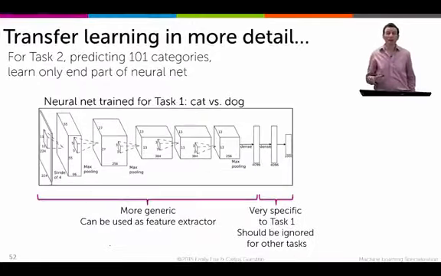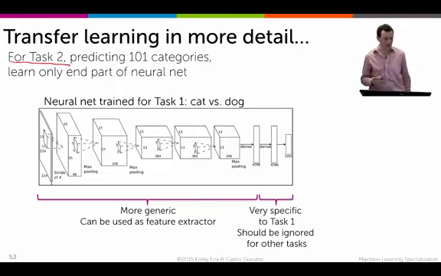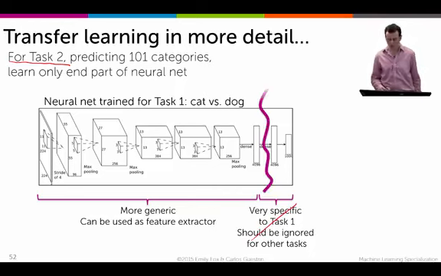So let's talk about how we can deal with the second task, 101 categories. We learn a deep neural network for cat versus dog. Can we apply it for task 2? Now, if you think about it, this end piece of the neural network is very specific to cat versus dog, so it's not that useful for detecting chairs, perhaps.